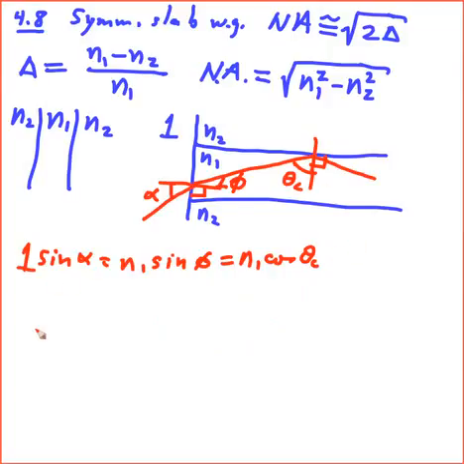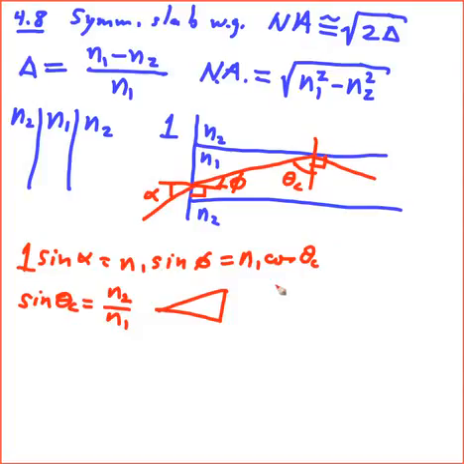Theta c, though, is given by the sine of theta c is n2 over n1. And what we can do is make a little triangle. We've done this in class.